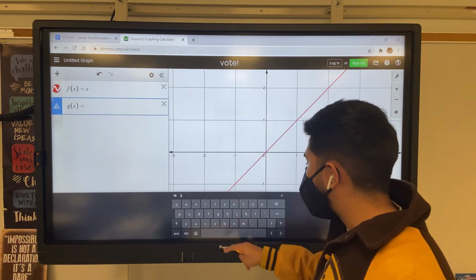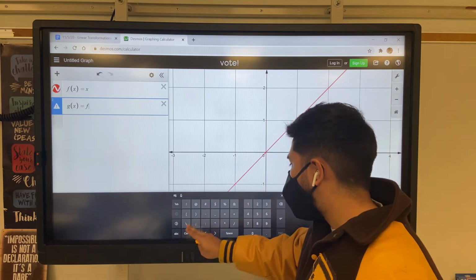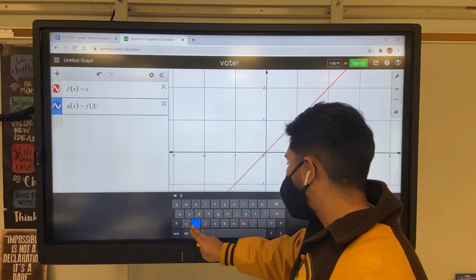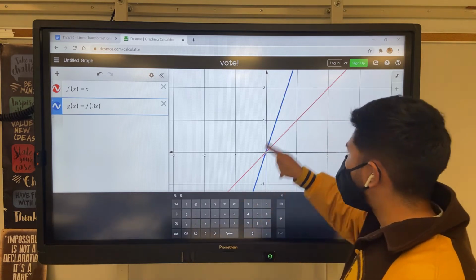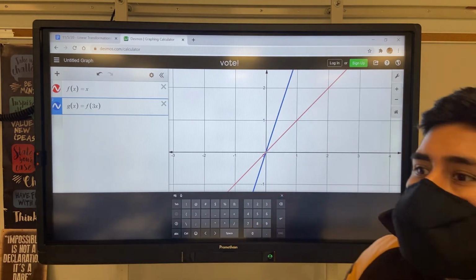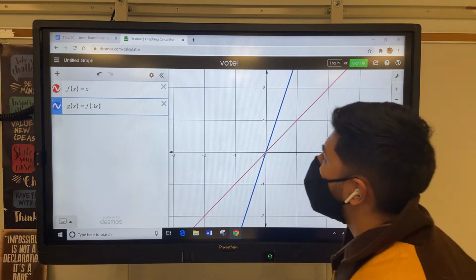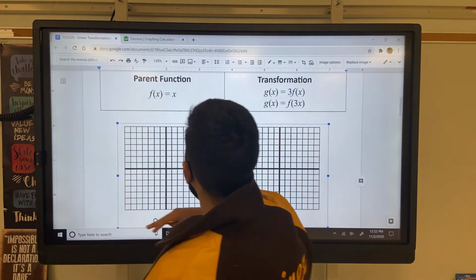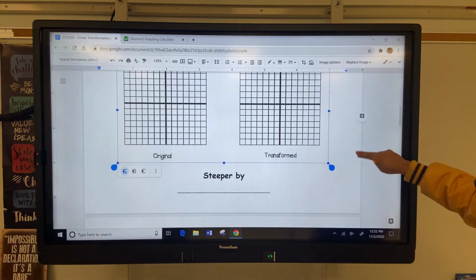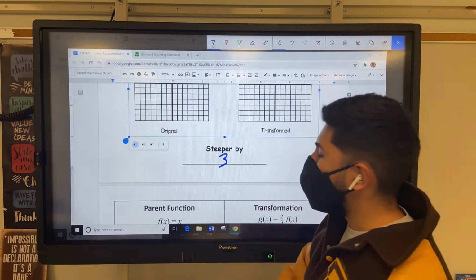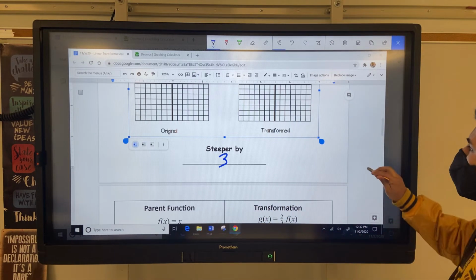If I took off 3 and I put it inside the parentheses, 3x, boom, you'll see that it was still in the same area. So for this particular thing, we're going to be okay, I promise. Okay. Steeper by 3. That's all you got to know. Steeper.